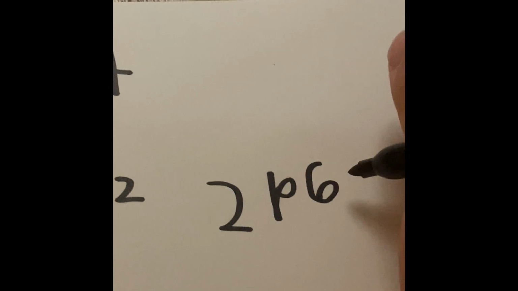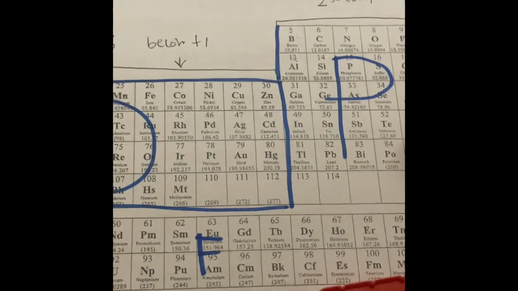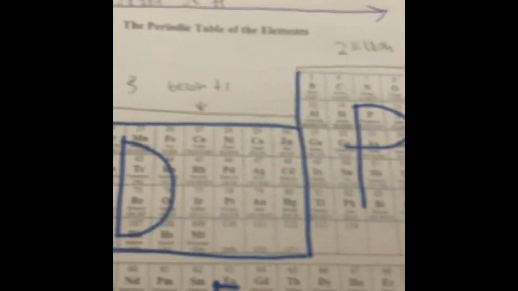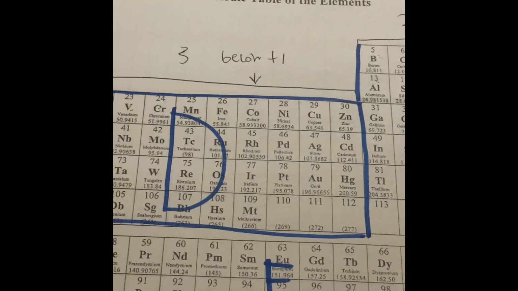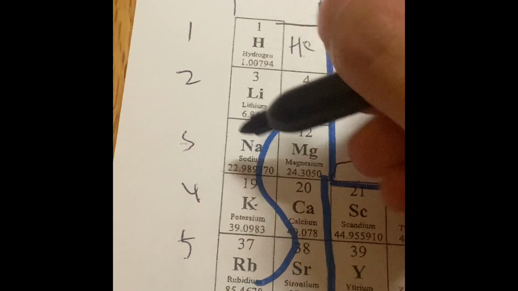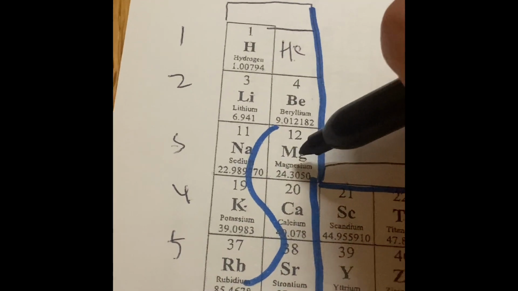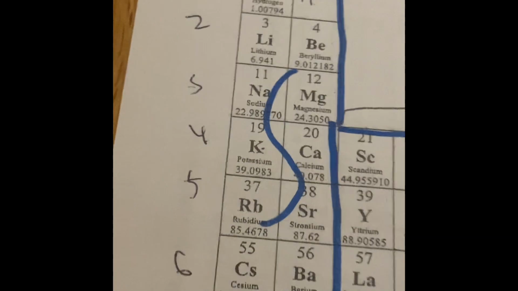But we're not done yet because we are at neon and we're trying to get to cobalt. So here is another one. 3s1, 3s2. So we are going to say 3s2. This is taking too long.